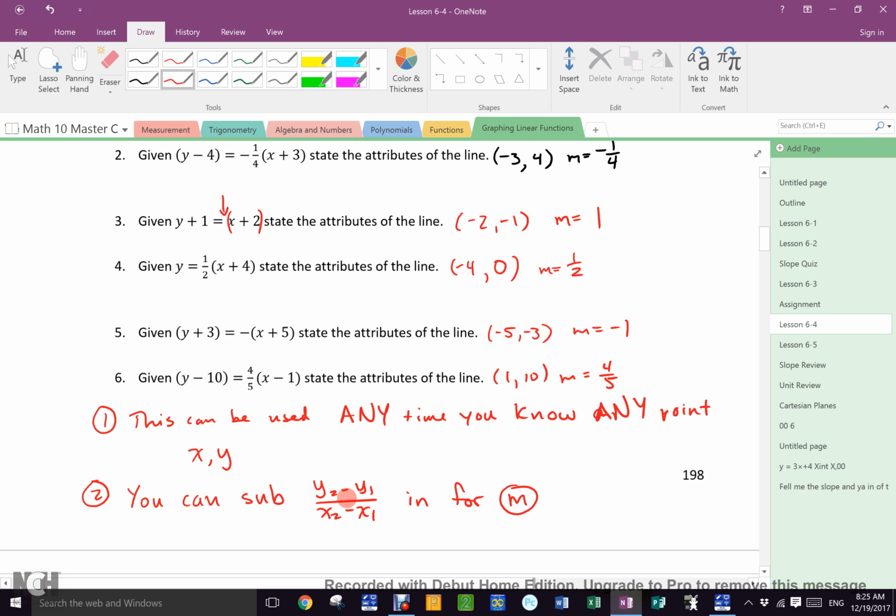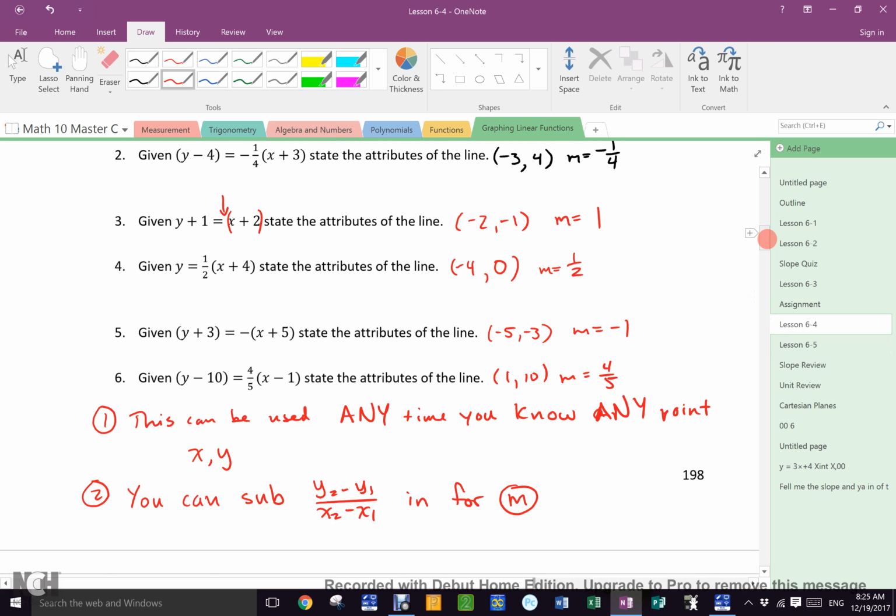Because this gets us our slope, doesn't it? Right? And this is slope. So if I have 2 points, any 2 points on the graph, can I use this form? Yeah, because those 2 points will give me the slope that I can then put in for m. And since I have 2 points, do I have 2 x's and y's that I could put into the equation? Yes. Is everybody with me?